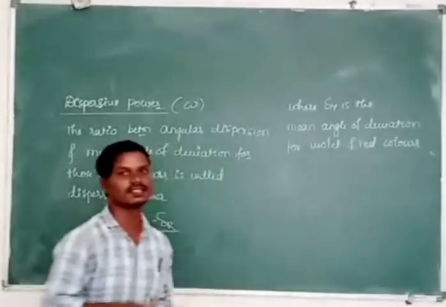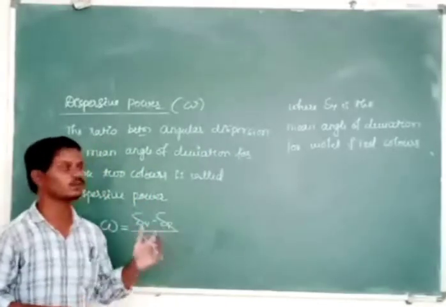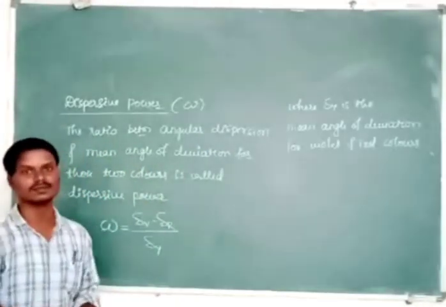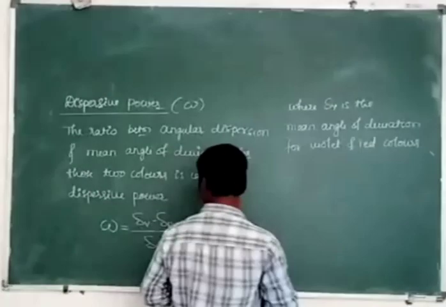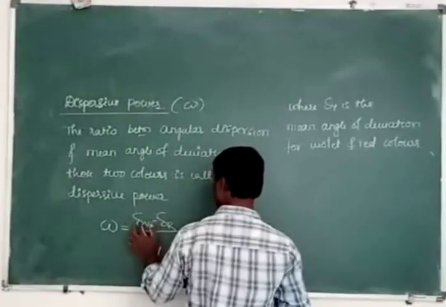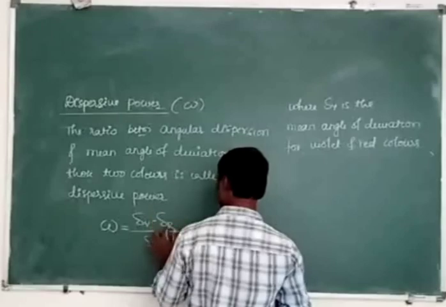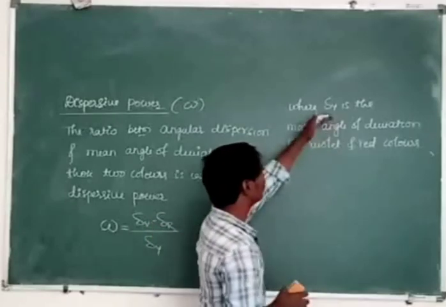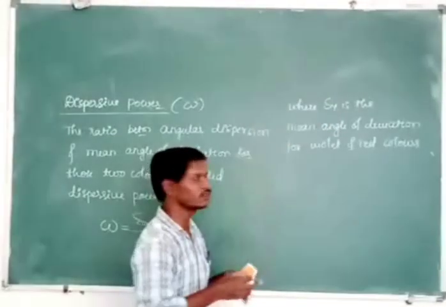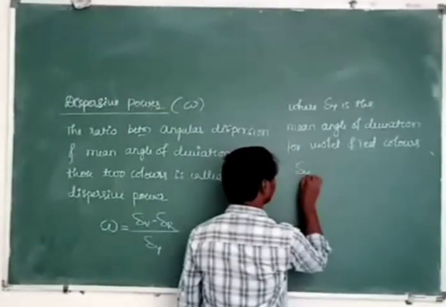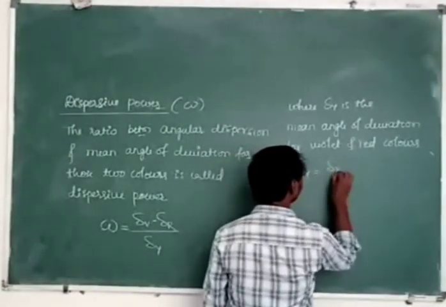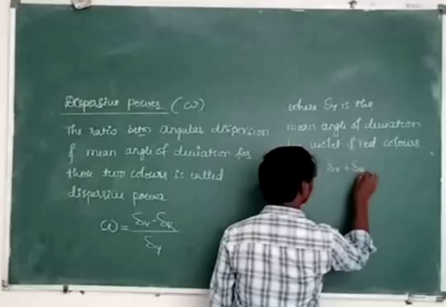So yellow is taken as the mean angle of deviation for the violet and red color. If you take the mean of the angle of deviation of violet and the angle of deviation of red, that gives the angle of deviation of yellow. That is, delta y is equal to delta v plus delta r divided by 2.